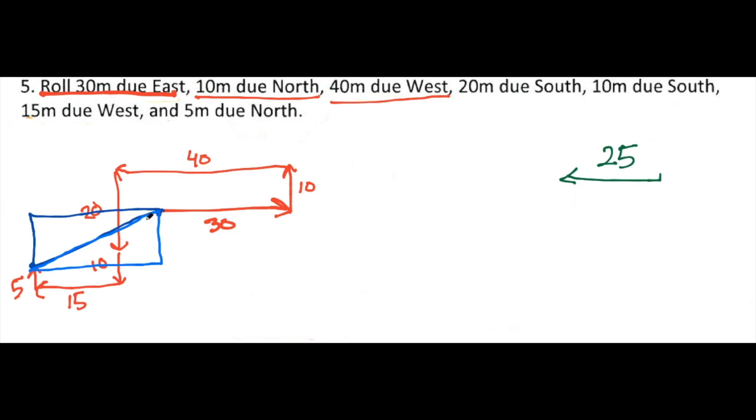So vertically, I'm going 5 meters up. 5 meters up. There we go. 10 meters up. So that's a total of 15.